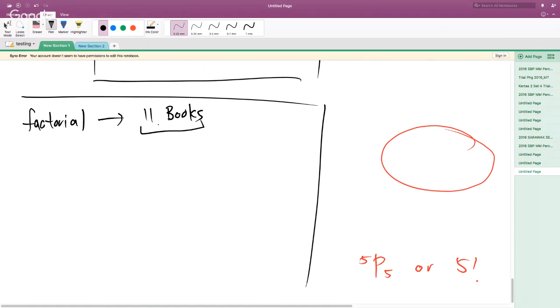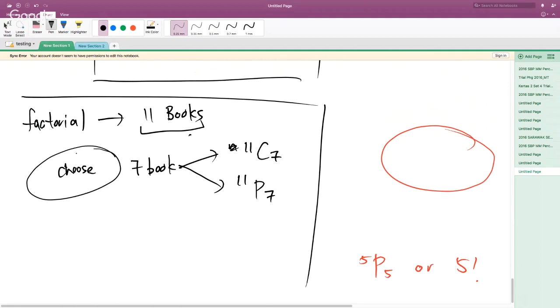If I have 11 books here and I want to choose 7 books, then it can be either 11C7 or 11P7. So the difference between factorial and P and C is that for P and C, you want to choose a certain amount from the total. This is the difference between factorial and nPr and nCr.